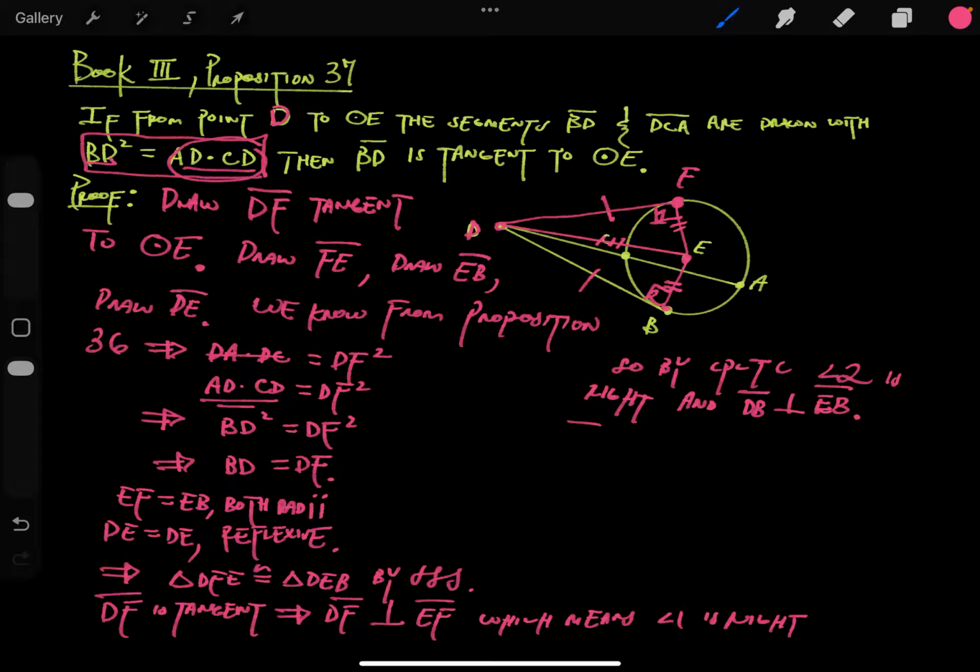But this implies DB must be tangent by our previous theorem. That again, what's the theorem? The theorem states that if it's perpendicular to a radius, then it must be tangent. And now we're done. We proved the other direction.